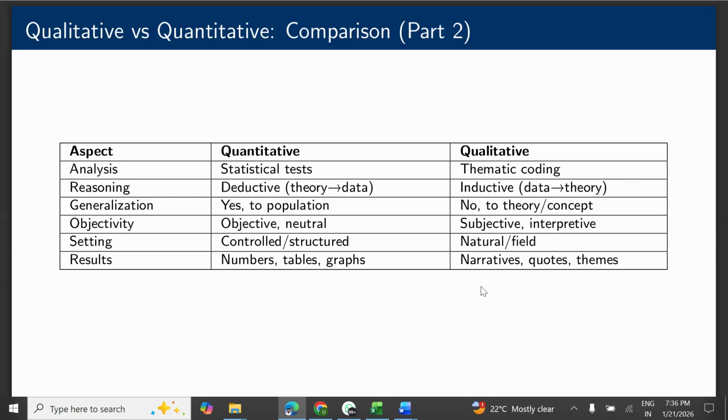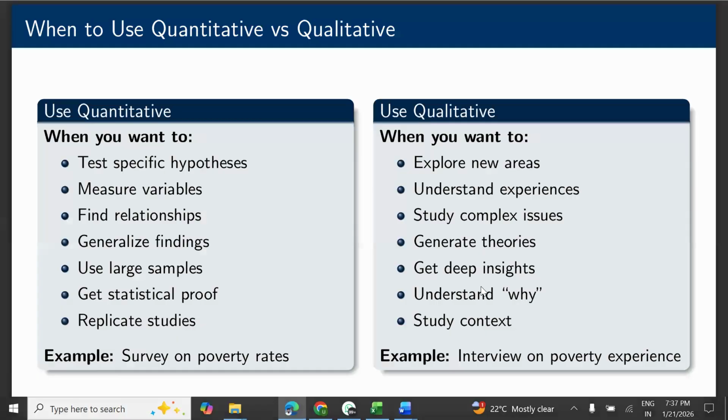In qualitative research, no; we try to develop theory and concepts. Quantitative is objective and neutral, but qualitative research is subjective and interpretive. Setting is controlled and structured in quantitative, but in qualitative it is a natural setting or field setup. The results in quantitative are numbers, tables, graphs, but in qualitative you will get narratives, quotes, and themes.